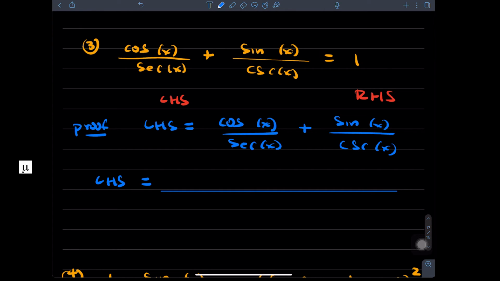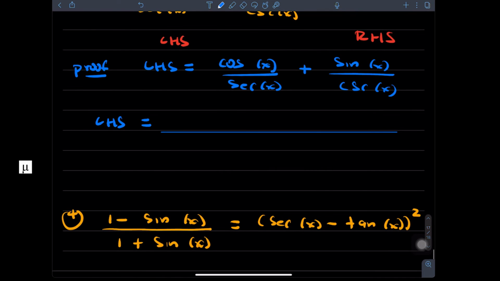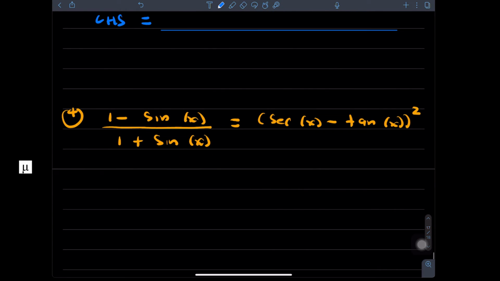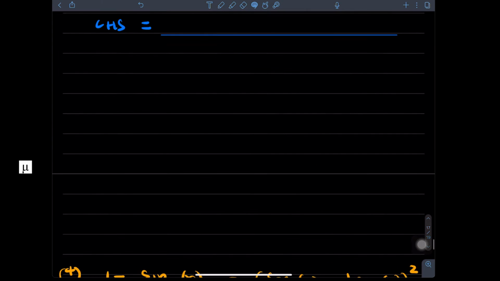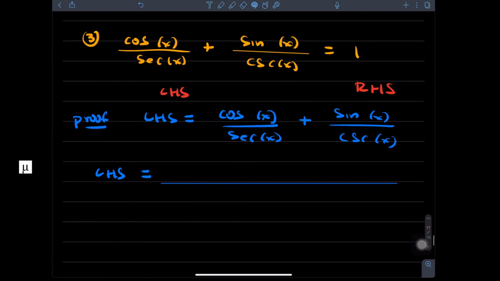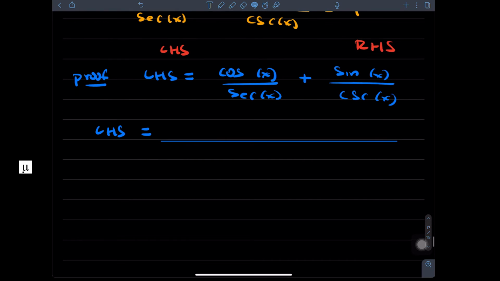So what do you guys think the best thing to do here would be? If this equals 1 and you have a sum of fractions, do you guys remember?